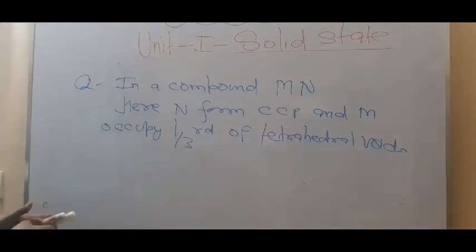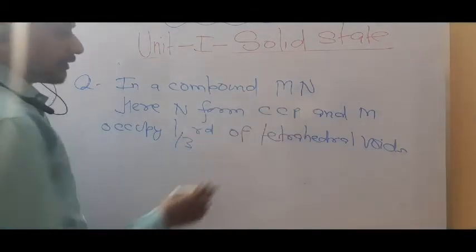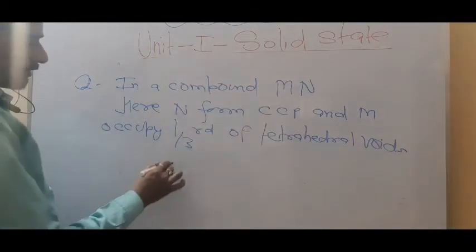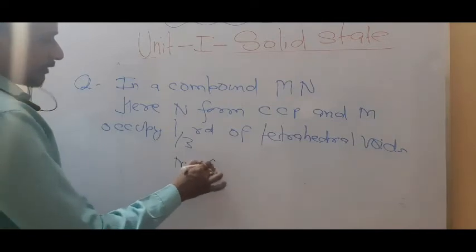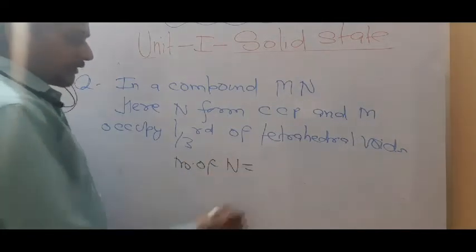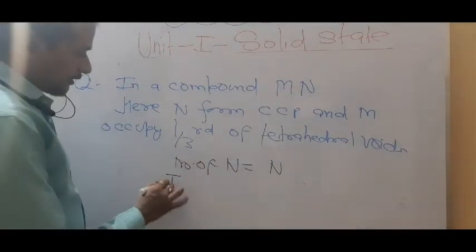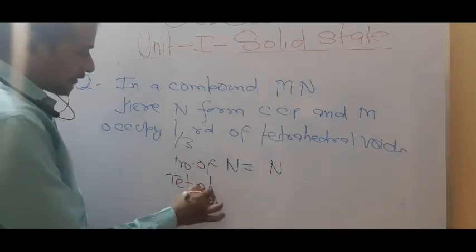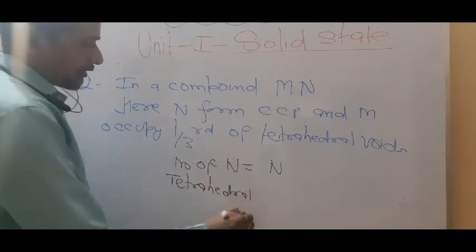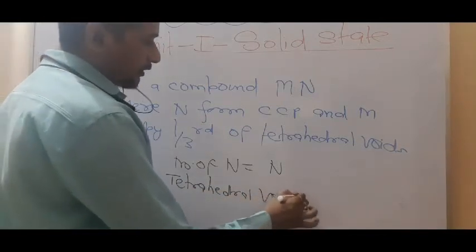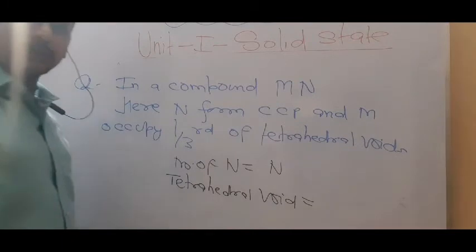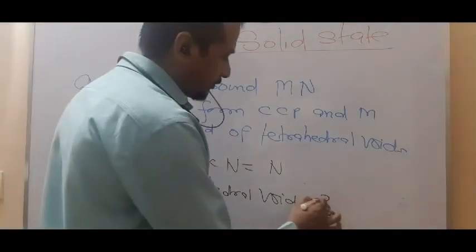Look here. First of all, I told you that the spheres are formed by N, so the number of N we can take as n. Therefore the tetrahedral voids, as I told you, are just double the number of spheres, so here it is 2n.